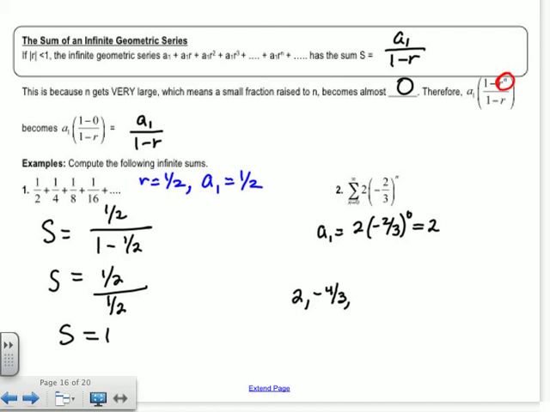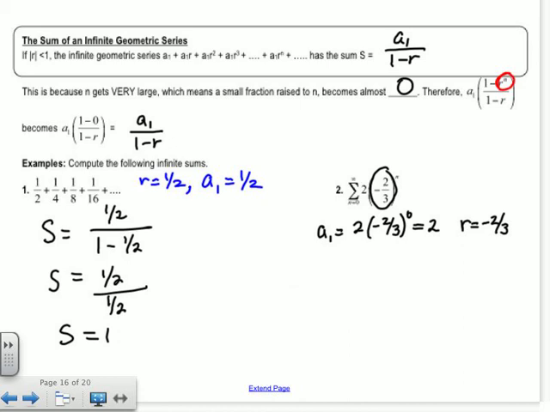Then you'd multiply by another negative 2/3, and then another one and another one. So your a sub 1 is 2, and your r is negative 2/3. That's what you're always multiplying by. That's why it's there.